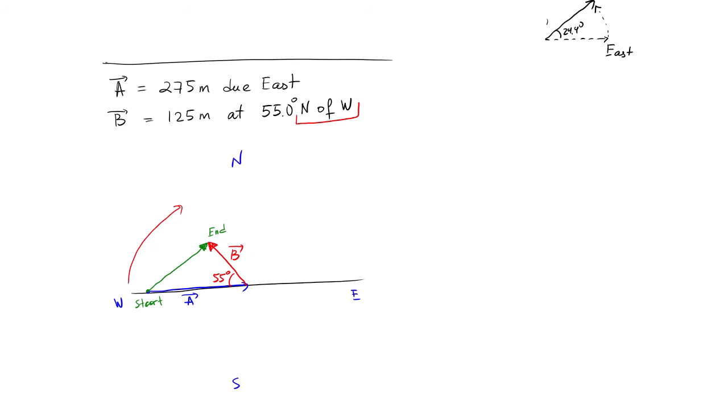Well, in this case, we use a graphical method of adding, which means all I need to do is use a ruler and measure the resultant vector R, and use a protractor to measure this angle.